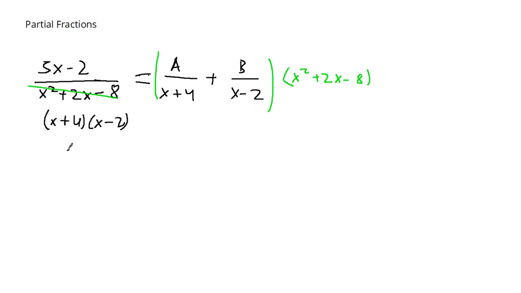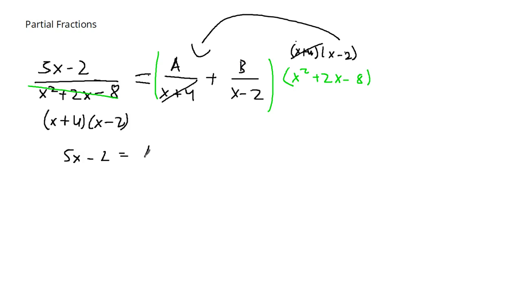And then we can do 5x minus 2 is equal to, well, we have a times x plus 4 already, and then this is x plus 4 and x minus 2. So the x plus 4 cross on these, leaving the x minus 2. So we have a times x minus 2. And then the x minus 2 cross on these, and we have x plus 4.